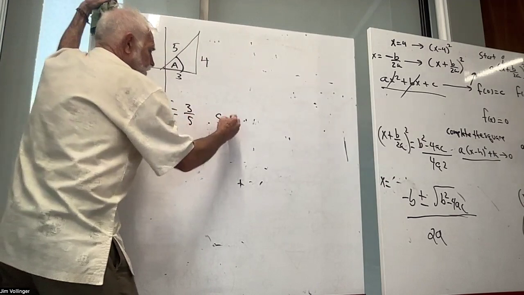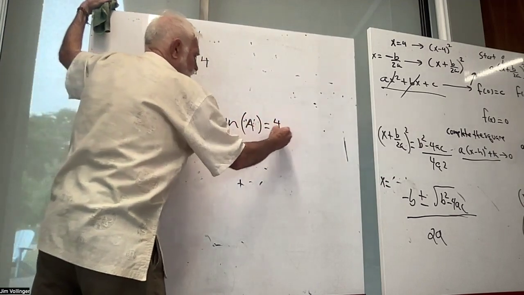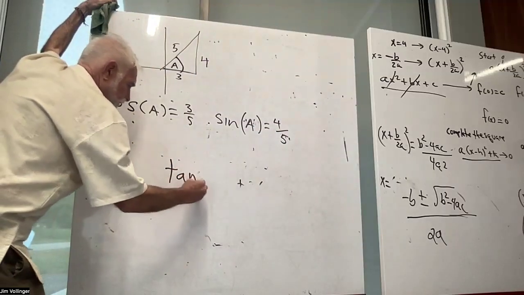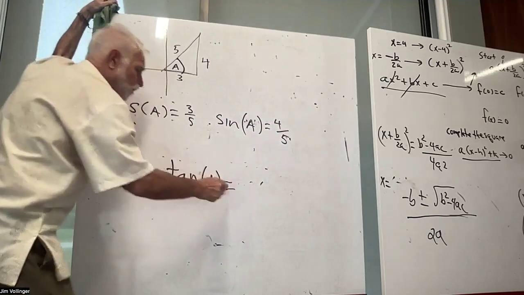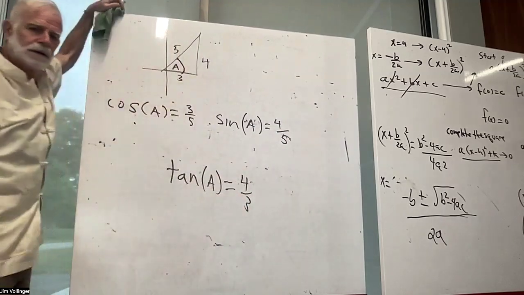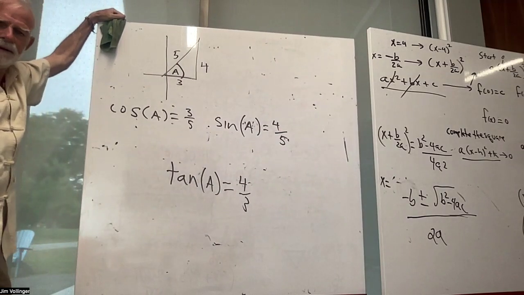The sine of angle A is equal to 4 over 5, and the tangent of angle A is equal to 4 over 3. Now you can pause the video and look at that, and you can process that, I think.